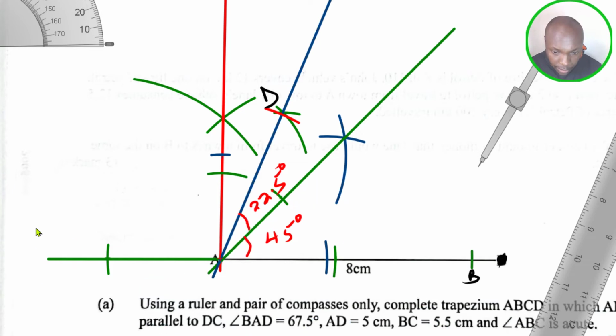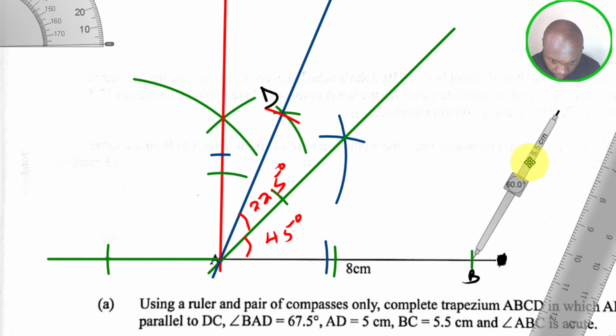BC is 5.5. So again, I will take a measurement of 5.5 with my pair of compass, so that the length of that compass is 5.5, and I will stand here where we have B, because C will be somewhere at the top here.